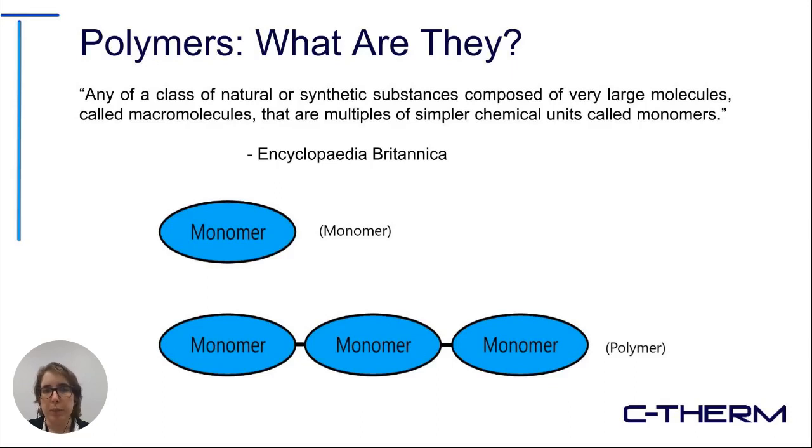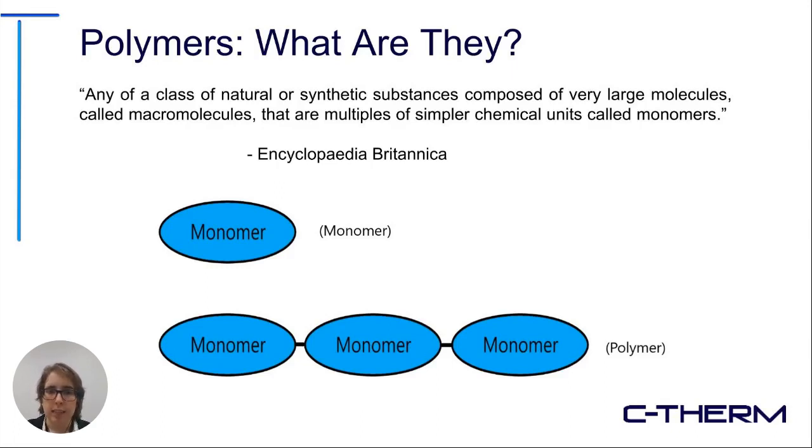So broadly speaking, polymers: if you take a small repeating unit that is a chemical, and it can be anything from something as simple as an ethylene unit to something as complicated as a subunit of some proteins. But if you've got a small repeating unit, that's what we would call a monomer.